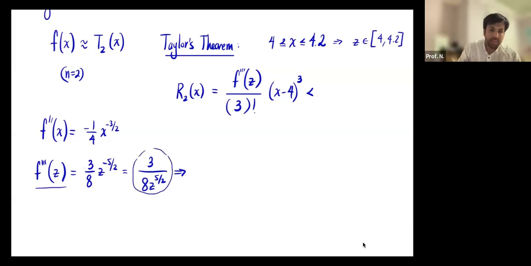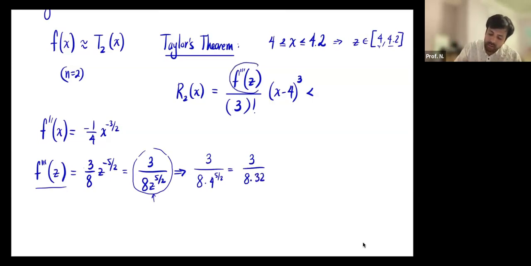Well, to make this as big as possible, I must make the denominator as small as possible. If I'm in between these two values, then the smallest I can be is 4 for z. So this will be 3/8 times 4 to the 5/2, which is the square root of 4, which is 2, and 2 to the 5th is 32. So this is the value that I get.